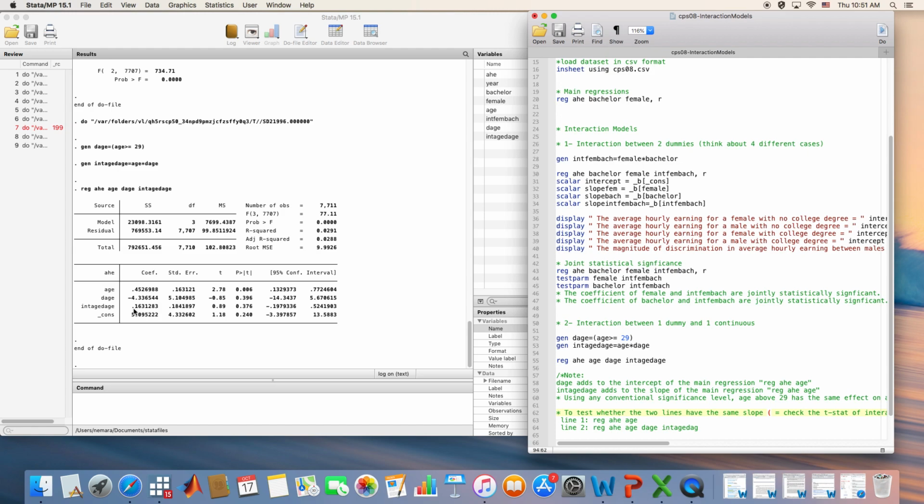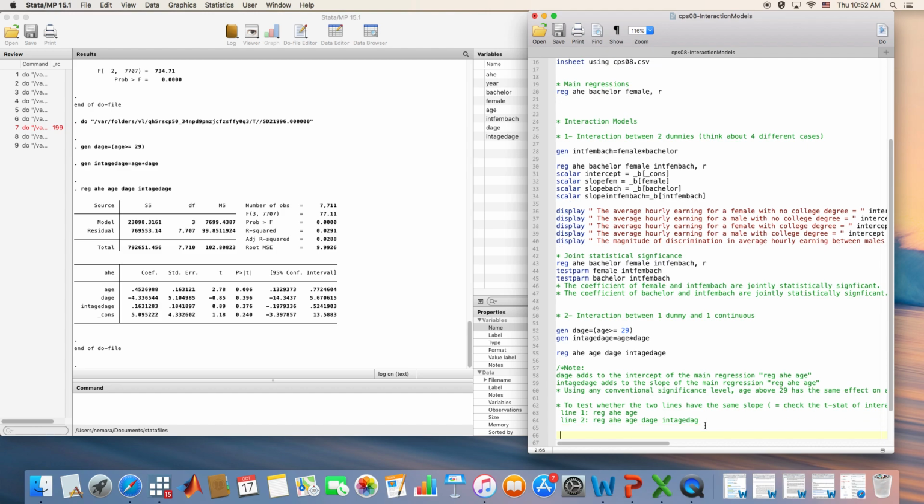When I look here, I only need to check this one, and your conclusion is basically, again, under all conventional significance levels, both lines have the same slope.